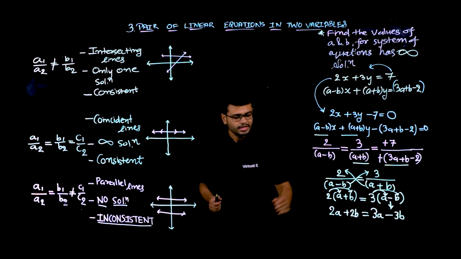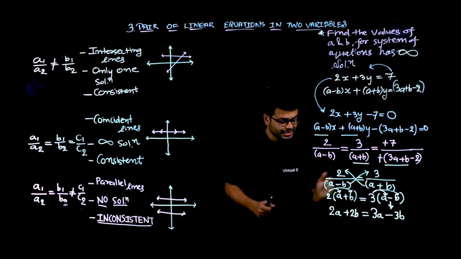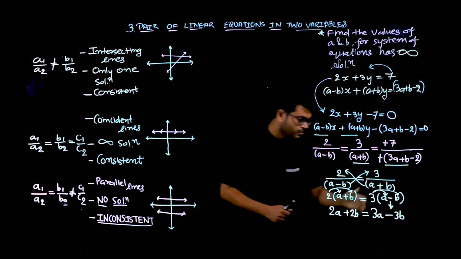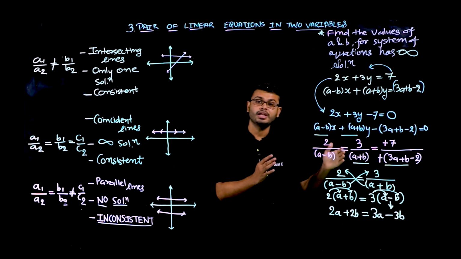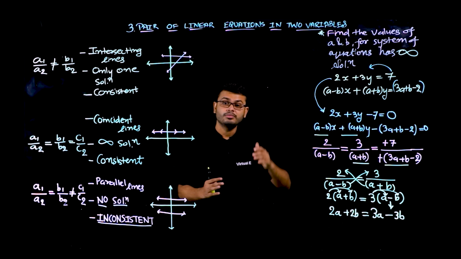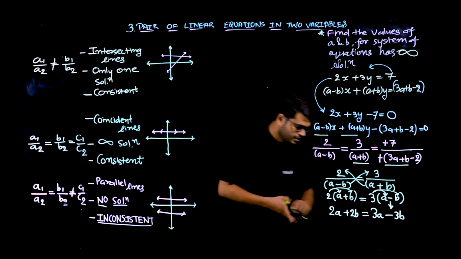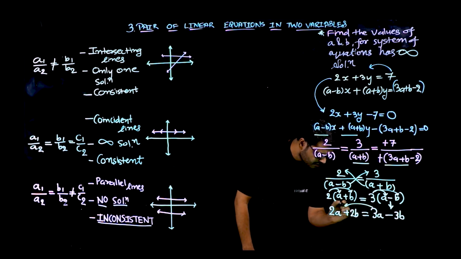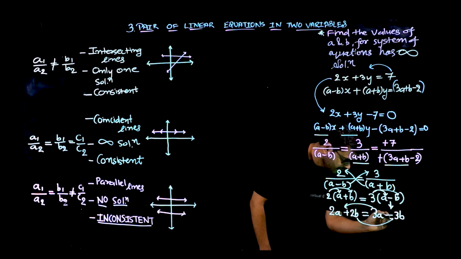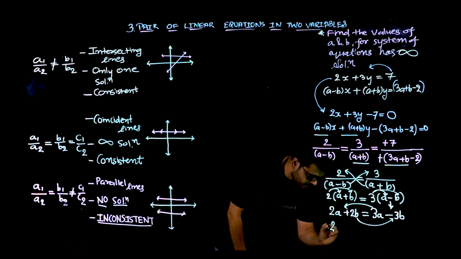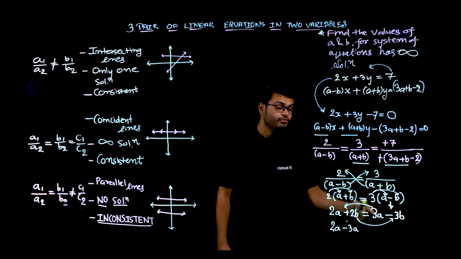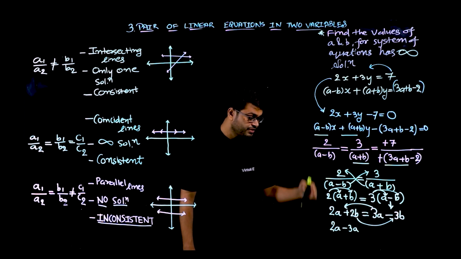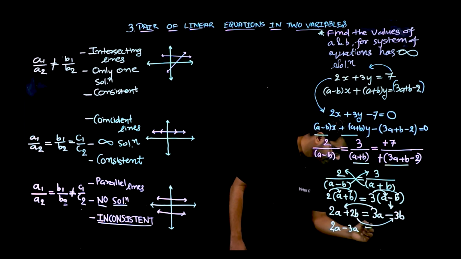Now you can see that a and b are on the LHS side, also on the RHS side. So what I am going to do? I am going to collect all a's on one side and all b's on another side. So this 3a will come here and b will go that side. So 2a minus 3a, because 3a was positive, so if I shift it, it will become negative.